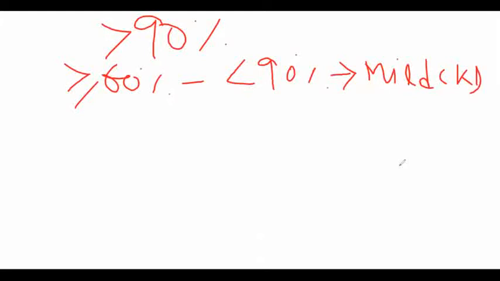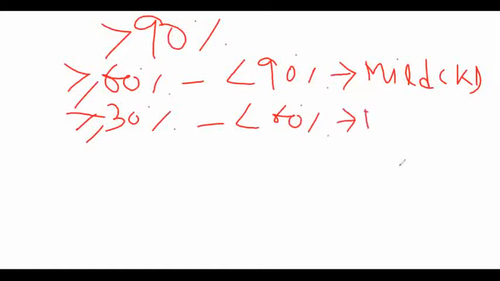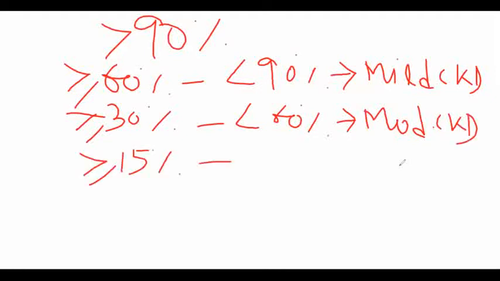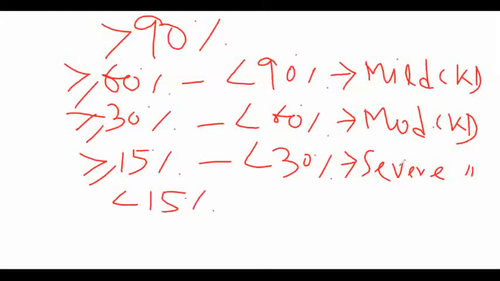If it is more than or equal to 30% and less than 60%, it is moderate chronic kidney disease. If it is more than or equal to 15% and less than 30%, it is severe chronic kidney disease. And if it is less than 15%, this stage is known as end stage renal disease or renal failure.